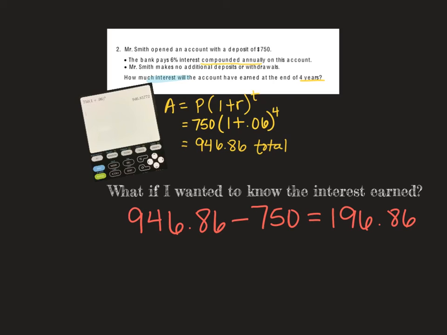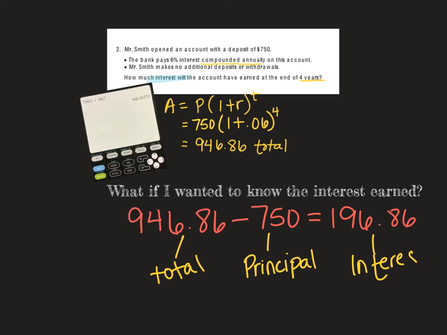So once again, this is my total amount of money in the account. This is my principal, which is the amount that I started with. And when I subtract them, I find out that $196.86 is how much interest was added to the account. And then this is the answer that you're going to use in your Canvas assignment.